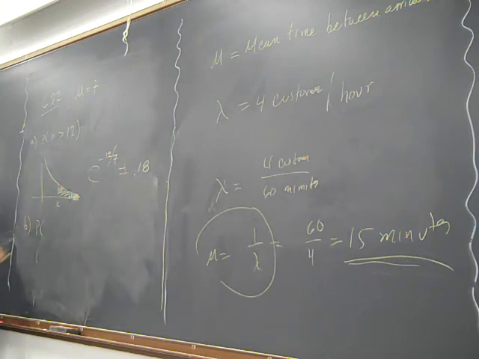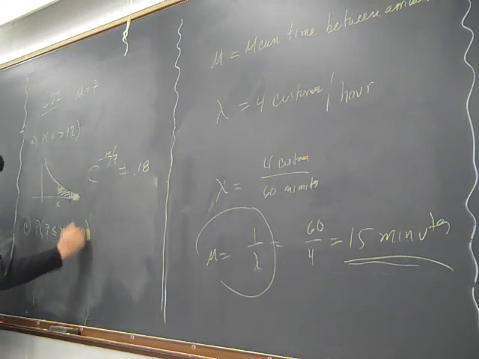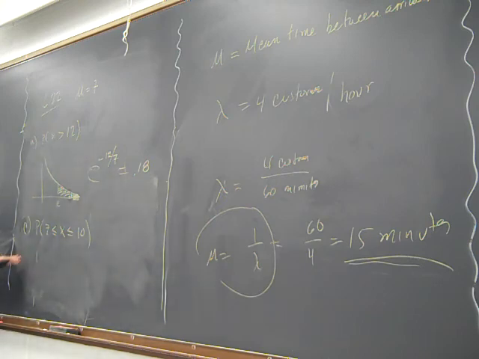B, what is the probability that X is greater than 3? Okay, no, let's say C. C is the probability that 7 is less or equal than X, less or equal than 10. What do we have to do here? We have to say 1 minus e to the power of minus 10 divided by 7.